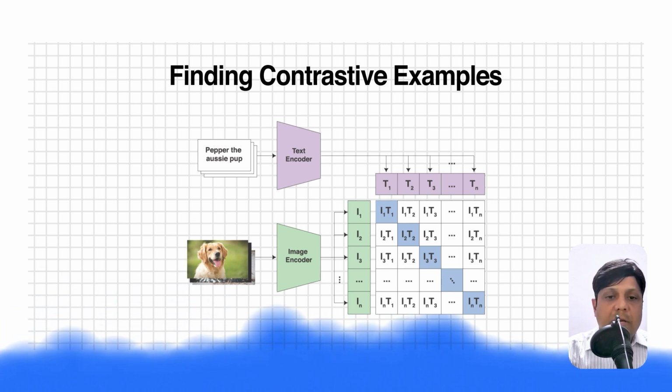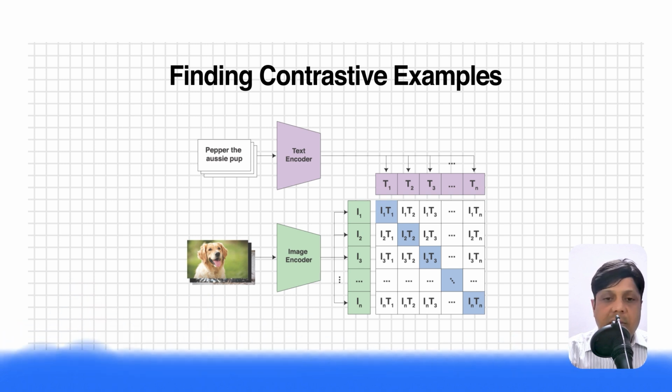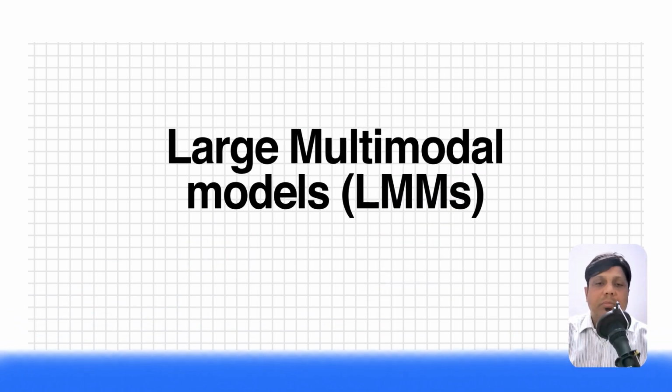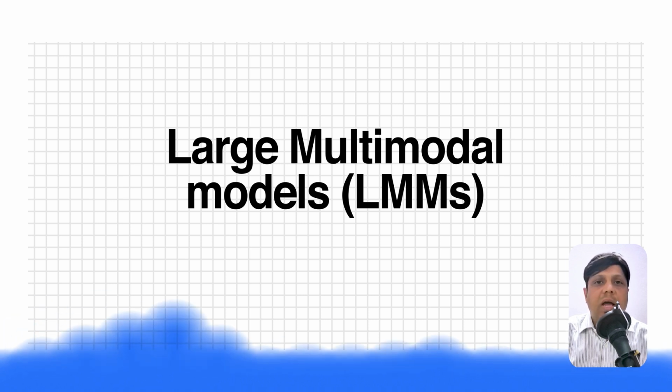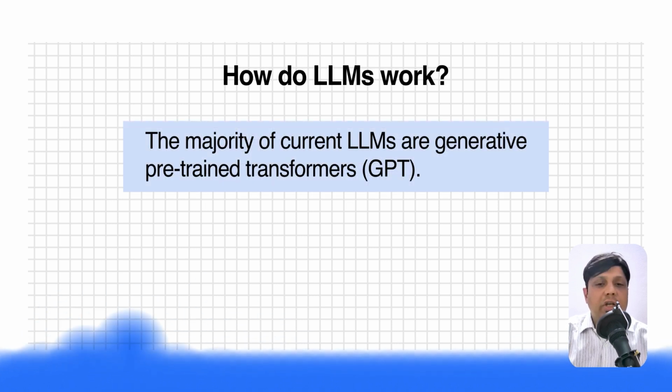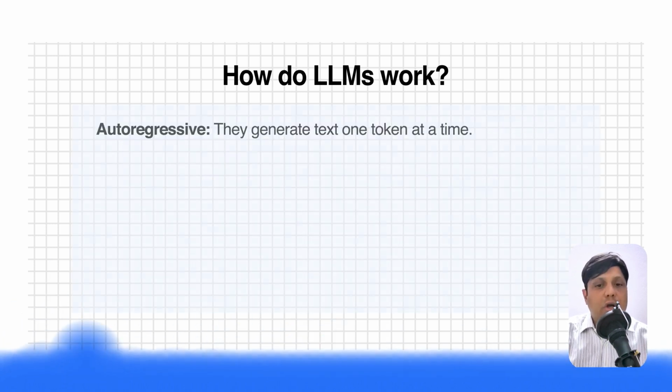So multimodal embeddings gave birth to large multimodal models. Before we understand how LMMs work, let's recap how LLMs work. We know that the majority of current large language models are pre-trained models, and they are auto-regressive.